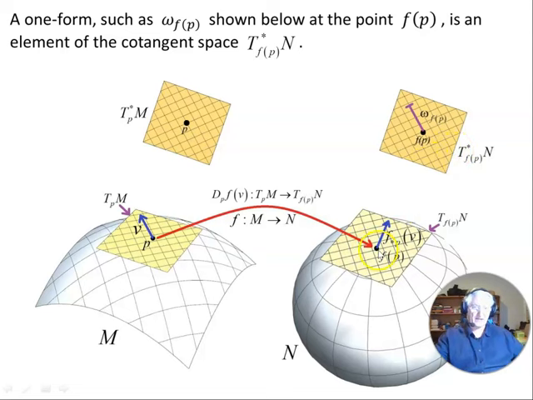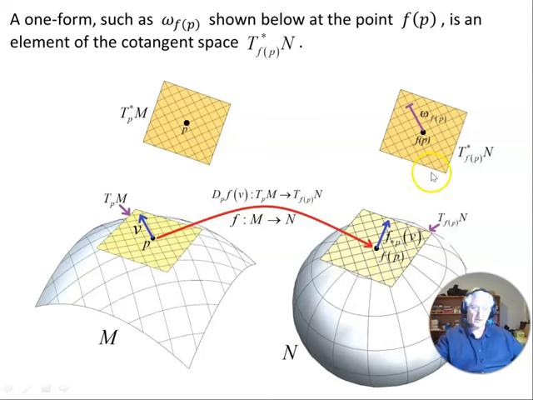They are actually at the point F of P, and they're coincident at that point. If I were to draw them together, my diagrams would be very, very messy. So the only reason they're up here like this is just to show you what's happening in the cotangent spaces, and so as not to make my diagram of my tangent spaces to the manifolds M and N very messy. That's the only reason it's there.